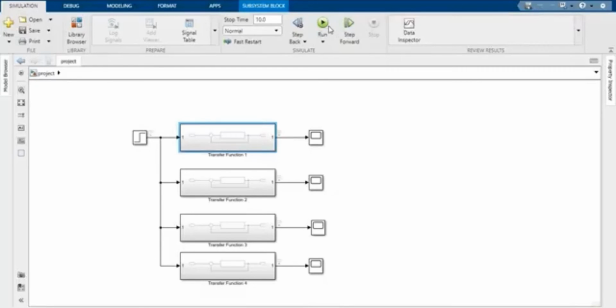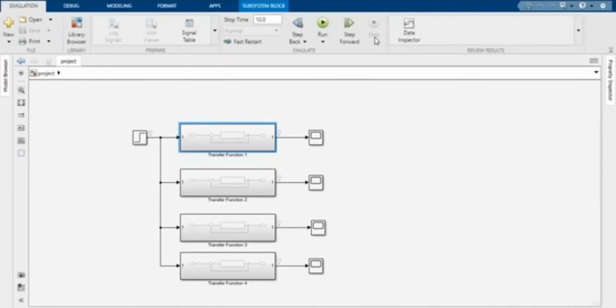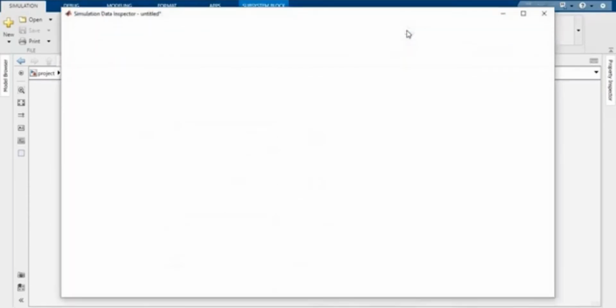By running the assembly, we produce the graph, the output, and click on data inspector to check the graph. Alright, this might be late because of my laptop.